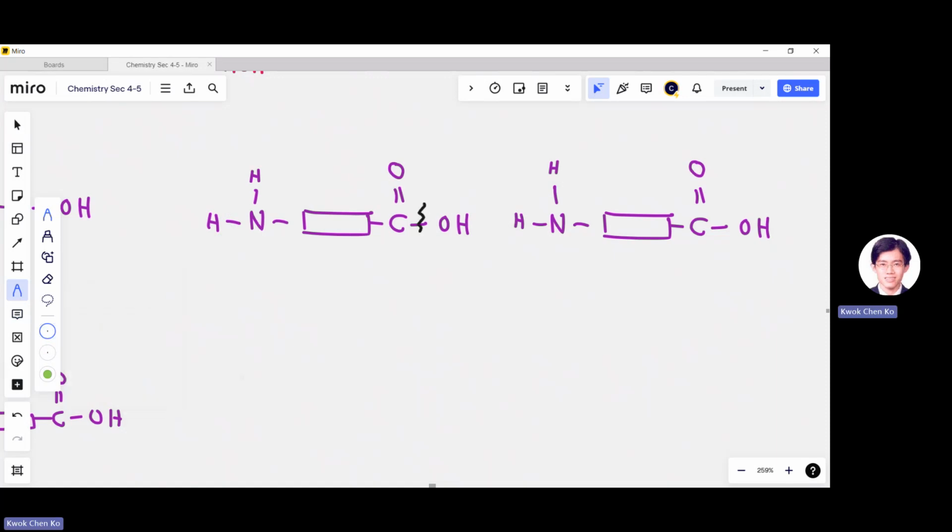Here. This is carboxylic acid, so it breaks between C and O. This one, where does it break? Here, between N and H. What is that? Nothing, just a covalent bond between N and H.